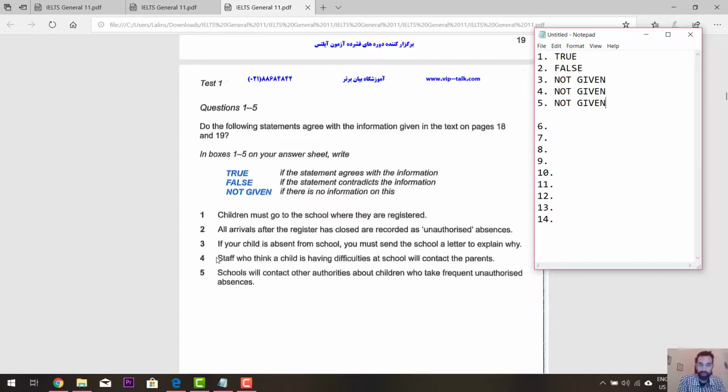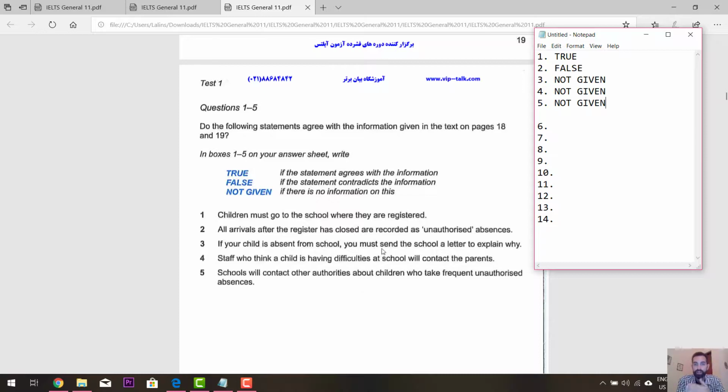Whereas with 3, 4, and 5, these weren't mentioned. There was no letter mentioned, staff contacting parents wasn't mentioned, and schools contacting other authorities about children who take frequent absences wasn't mentioned either. So all of these are not given.